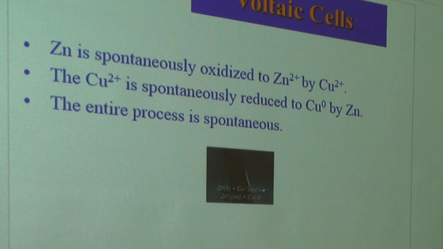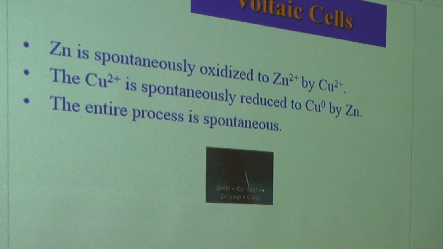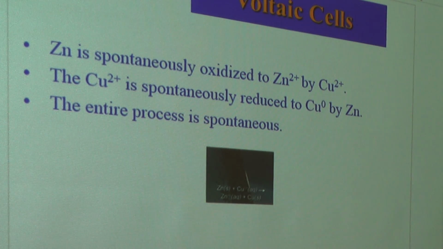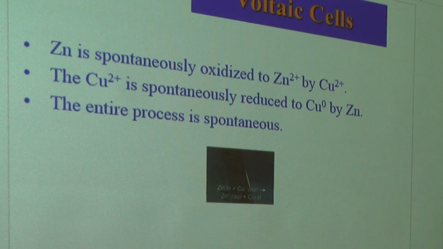A reduction. The highest reduction potential wants to be a reduction. So the bigger that number, the more it wants to be a reduction. The highest reduction potential wants to be what type of reaction? Reduction.